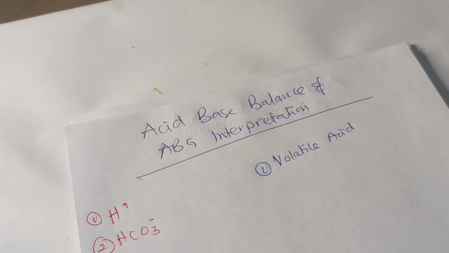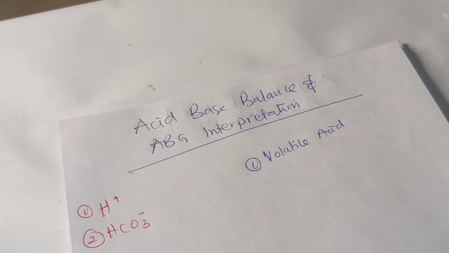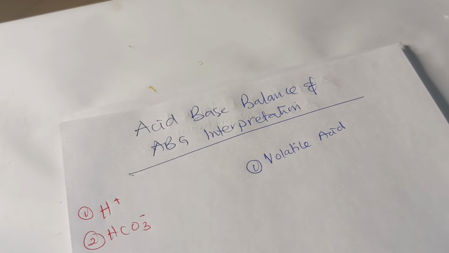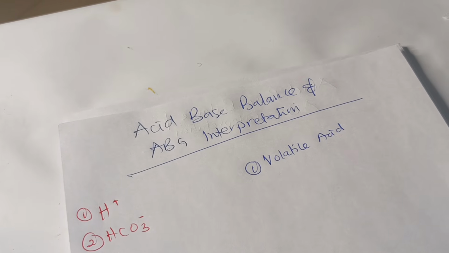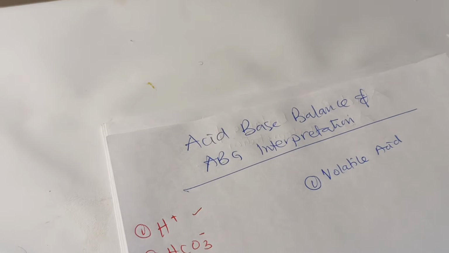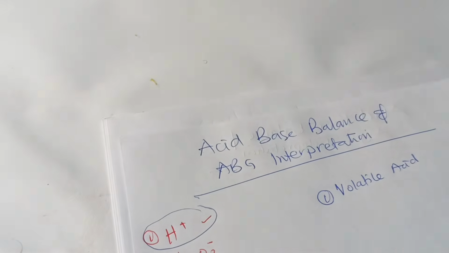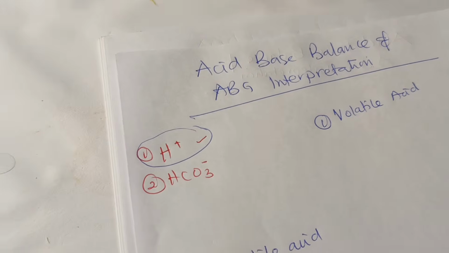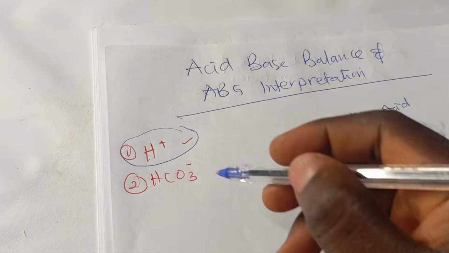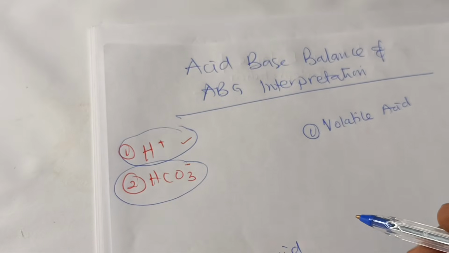Now, the body is always trying to maintain balance between two important ions. Those two ions are the hydrogen ion, that is the H plus ion, and the bicarbonate ion.